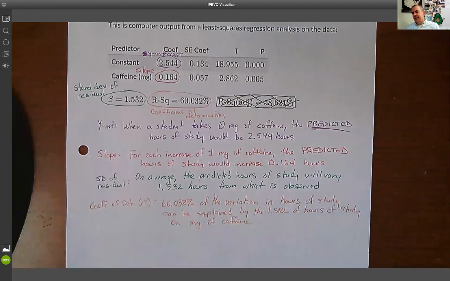It's basically saying that if I look at the scatter plot, in essence, how many of the dots on the scatter plot could be represented well by this model.